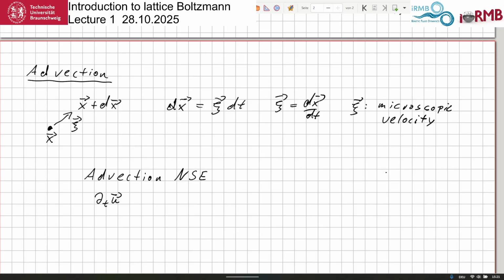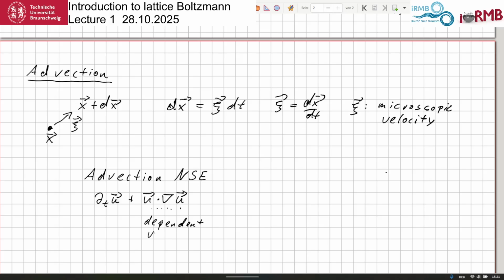So we have the change in velocity plus u times, scalar product, nabla on u. This is what we call the advection term in the Navier-Stokes equation. And this term contains the dependent variable twice. This is why the Navier-Stokes equation is nonlinear.